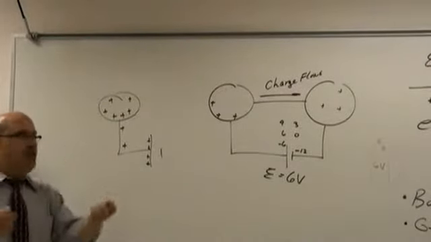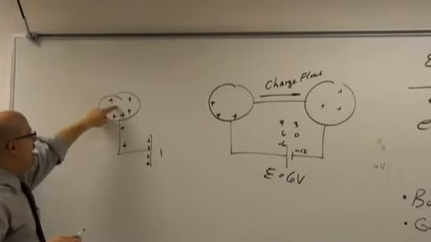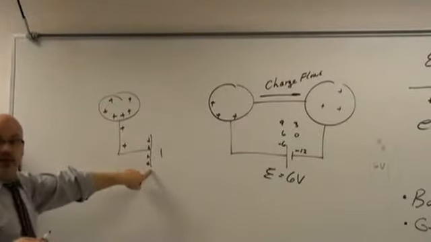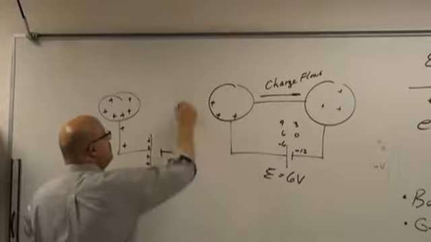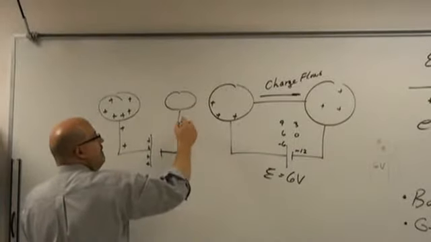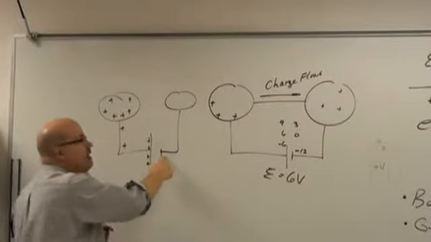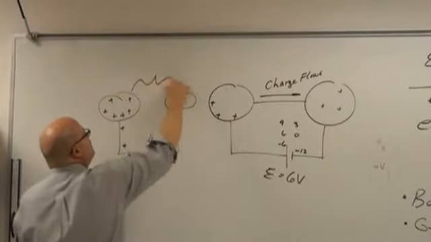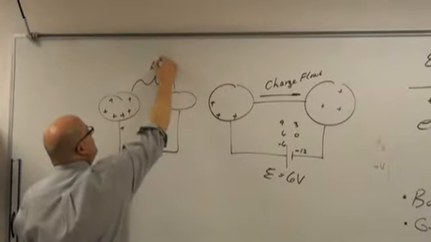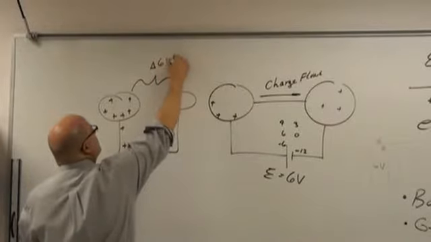Until equilibrium. Until this side is the same potential as this. And then when I hook this one over to this side, they're going to share charge until this is the same potential as this, which means I've created a delta of 6 volts.